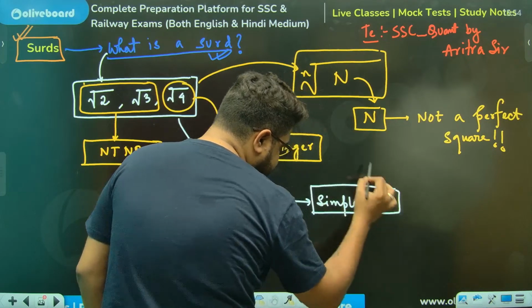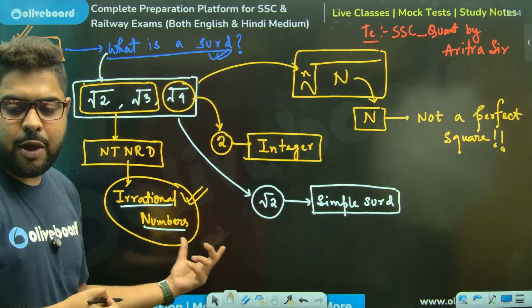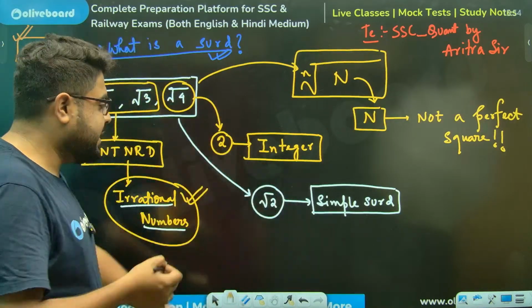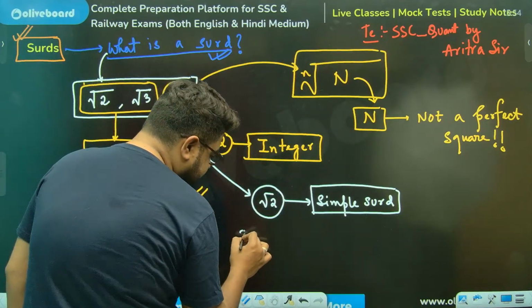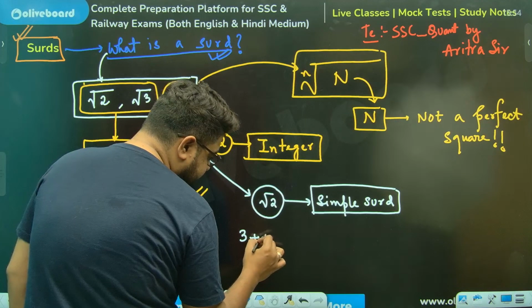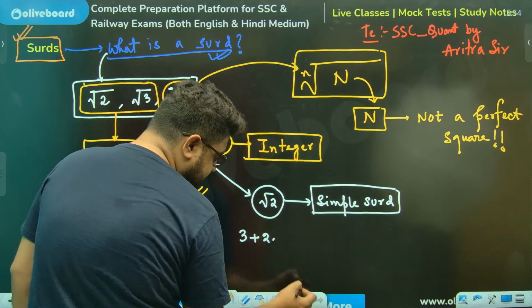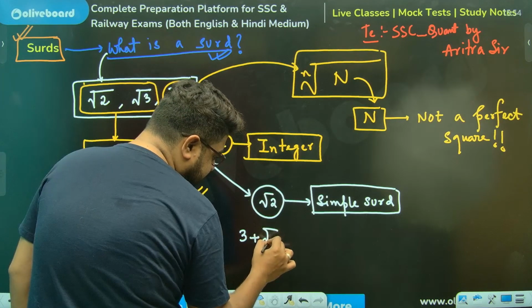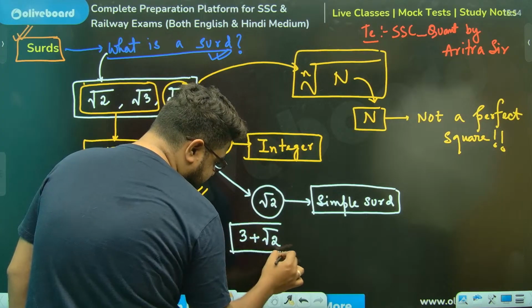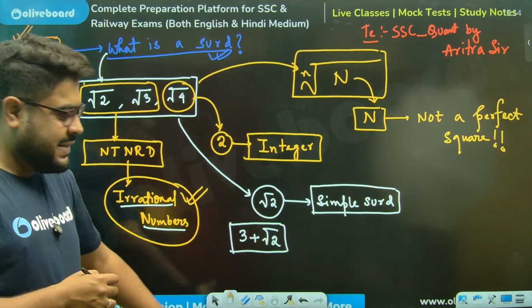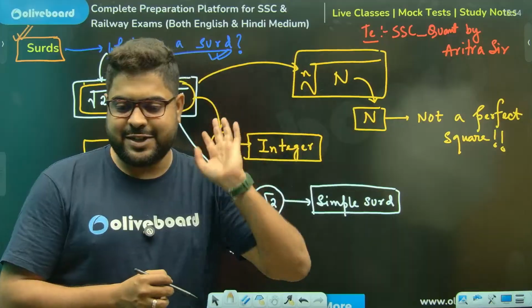And as I was saying, it will follow irrational number properties. Meaning, sir, what is the irrational number property? If I add an irrational number with a rational number, the sum is always an irrational number.